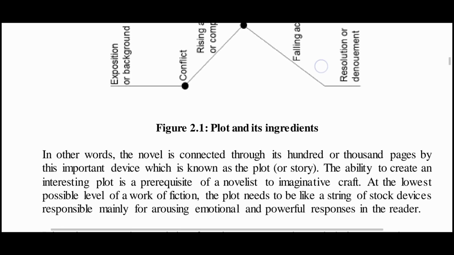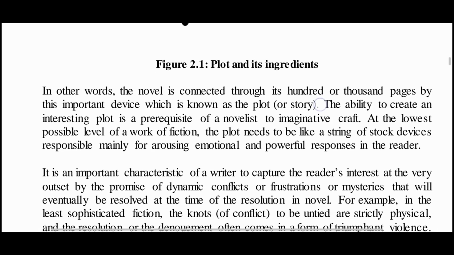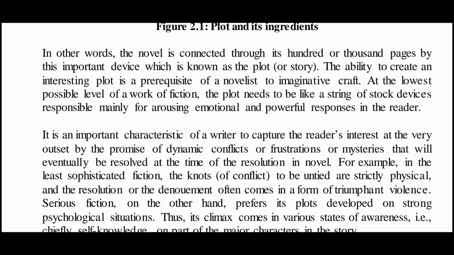So after understanding plot and its ingredients, in other words, the novel is connected through its hundreds or thousands of pages by this important device which is known as the plot or story.